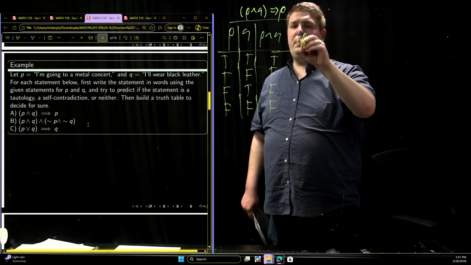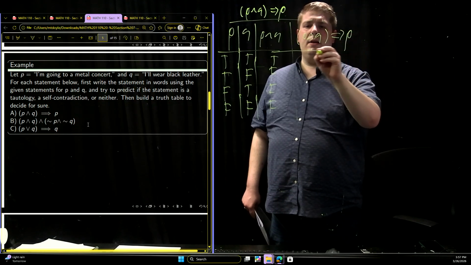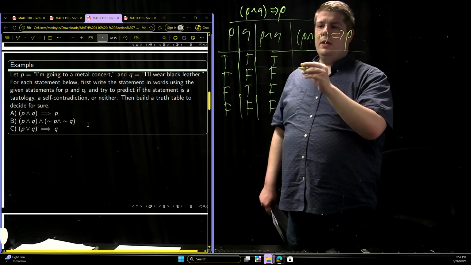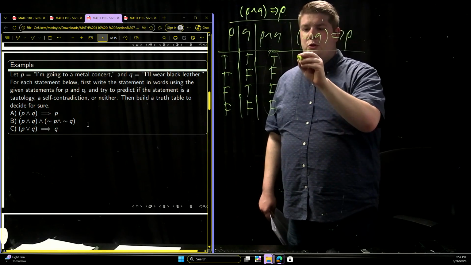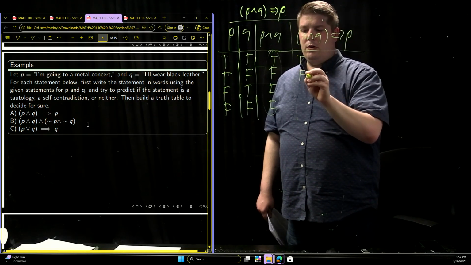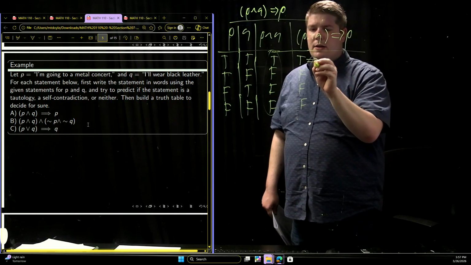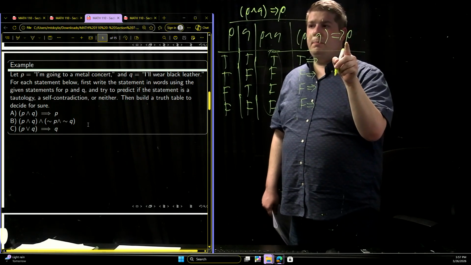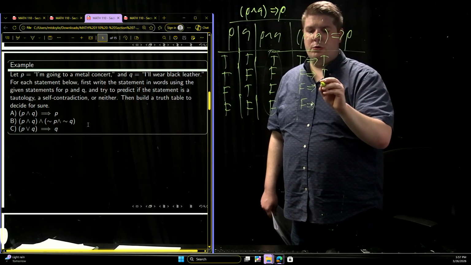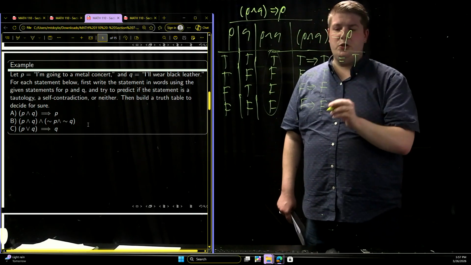So then we want the P and Q implies P. All right, so we need this column first. So we have true, false, false, false, implies P, which is true, true, false, false. So true implies true is true.